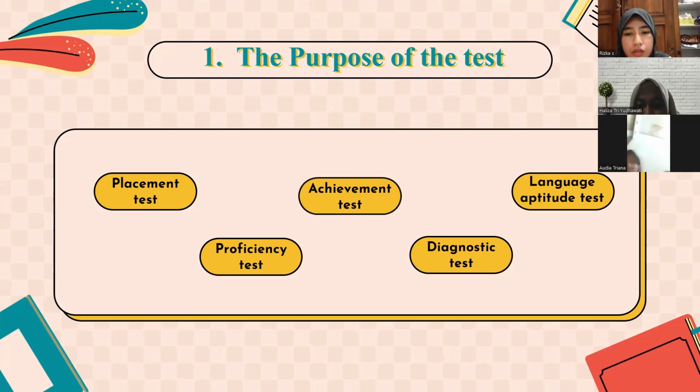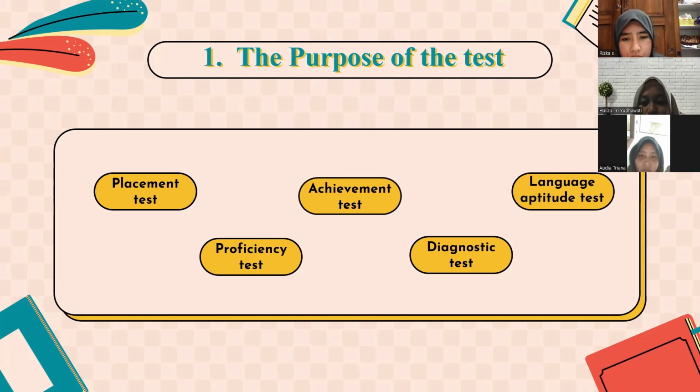The second one is proficiency test. The purpose is to measure a learner's overall language proficiency in terms of grammar, vocabulary, reading, writing, listening, and speaking. The third is achievement test. The purpose is to evaluate what a learner has achieved or learned in a specific course or period.